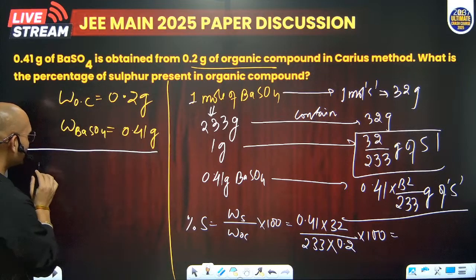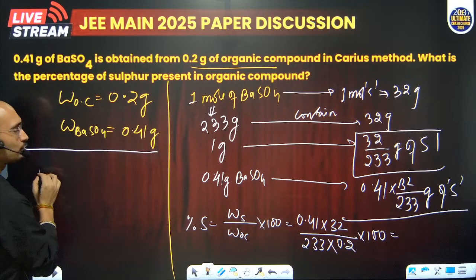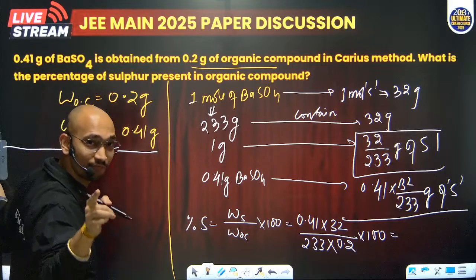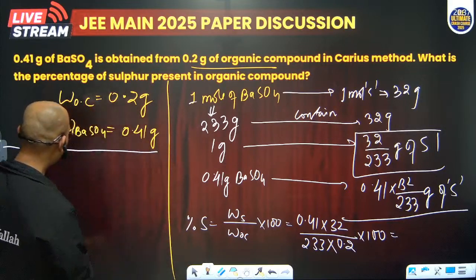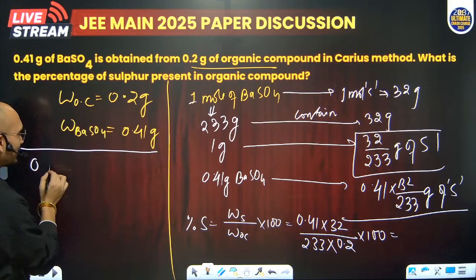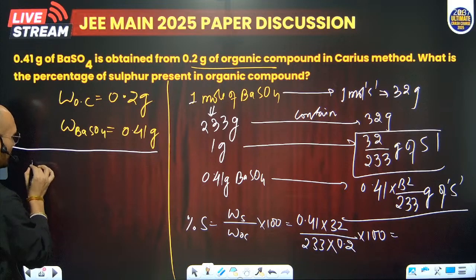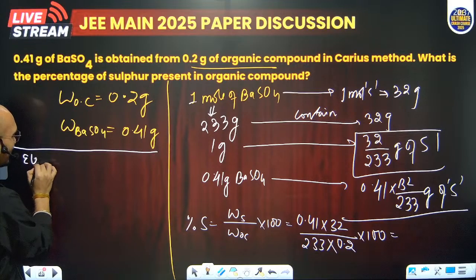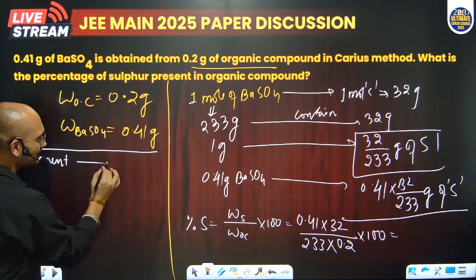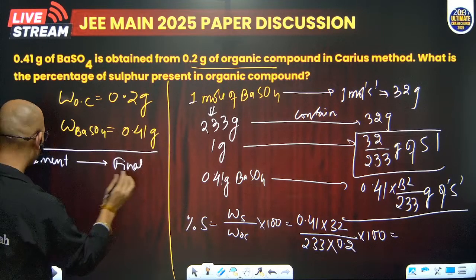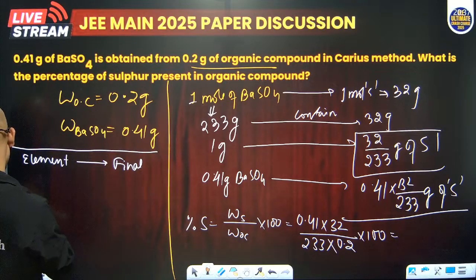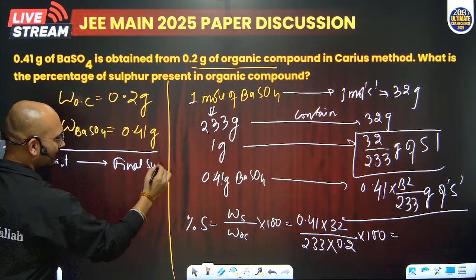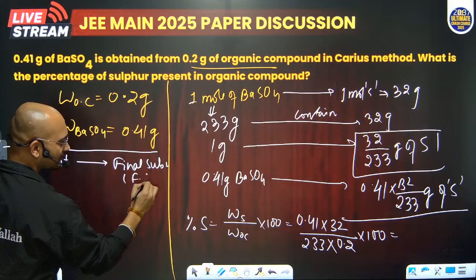If there is any organic compound and we want to find the percentage of any element in it, just remember what that element converts into in the final substance. I can call the final substance Fs.